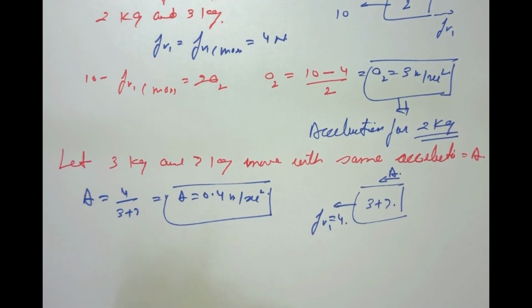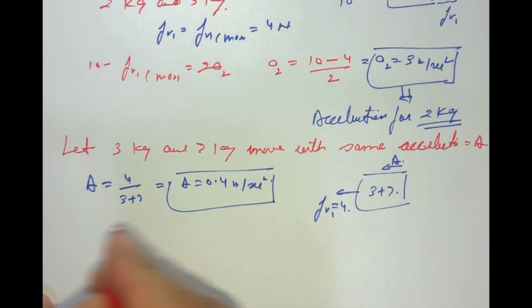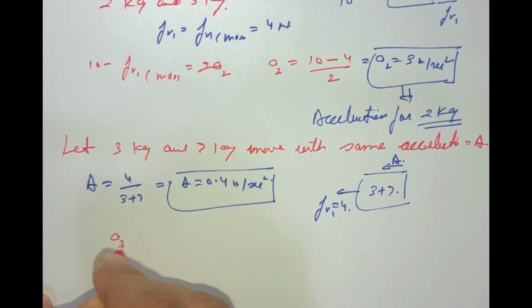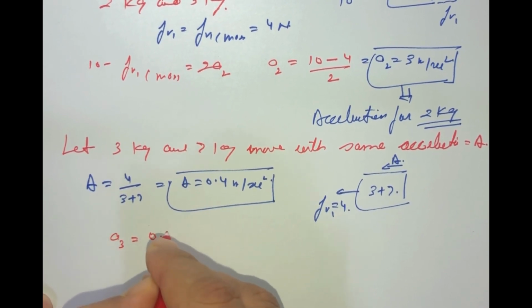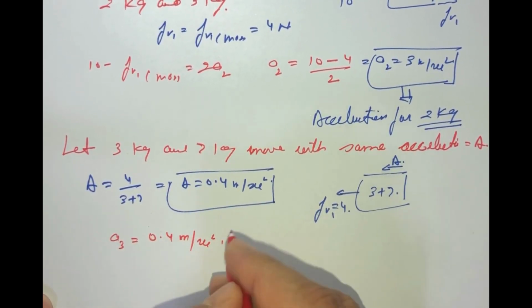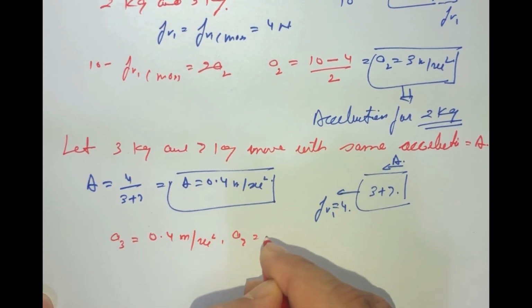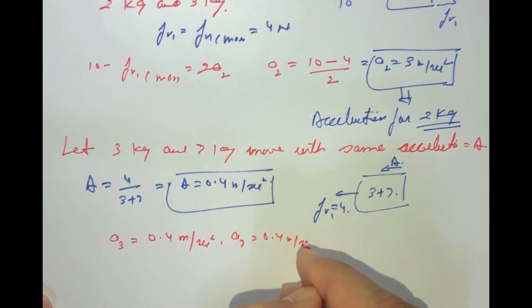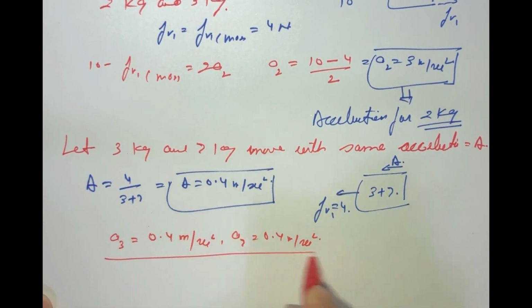Now let us find out whether this acceleration will be supported by the friction value. So let me write it here. From here A3 will be 0.4 meter per second square, and also A7 will be 0.4 meter per second square.